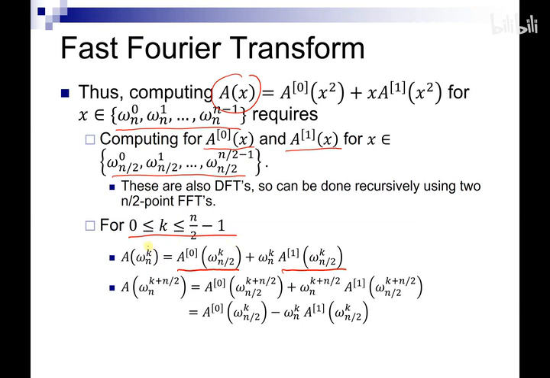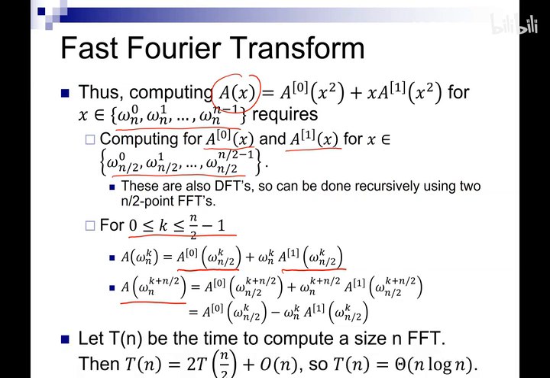Then for the first n over 2 values for A, we're going to add this thing positively times this a1. And then for the other n over 2 values, we're going to subtract this thing times a1. Okay, so that is the algorithm.